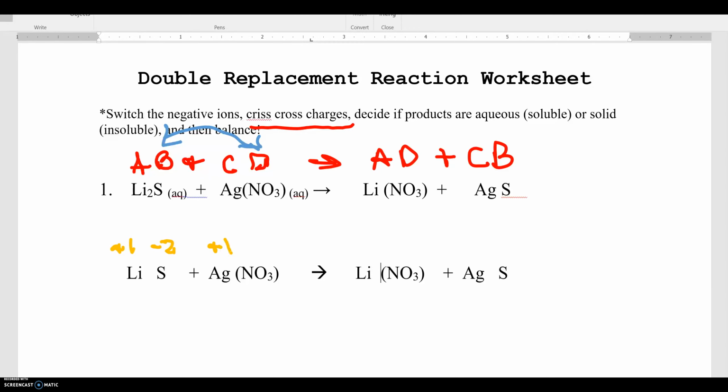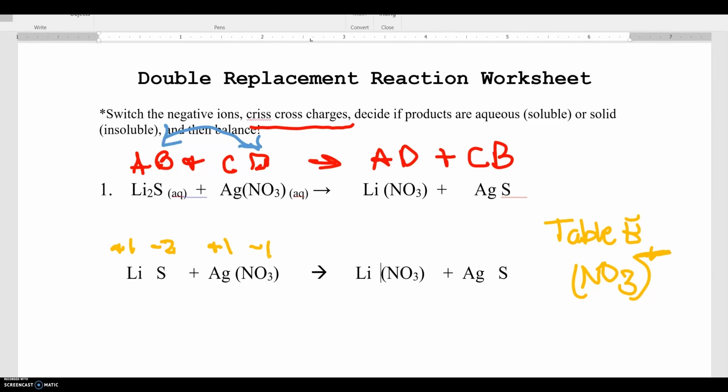And if you look at table E, you'll see that NO3, which is nitrate, has a -1 charge. So we want the charges on each compound to be neutral.